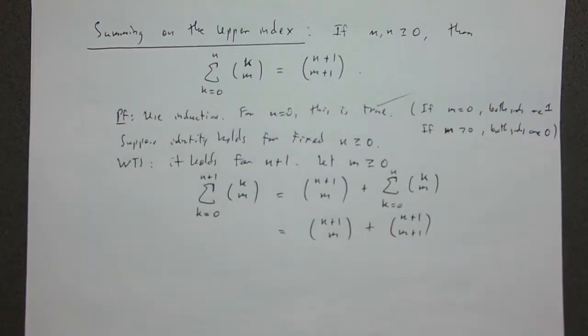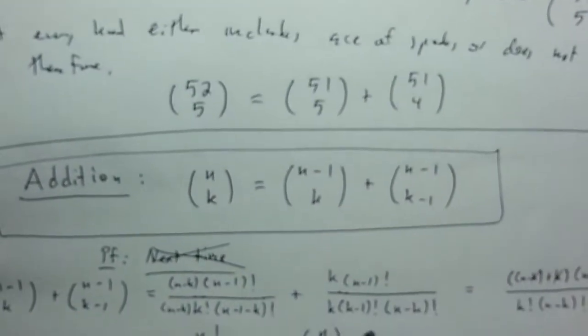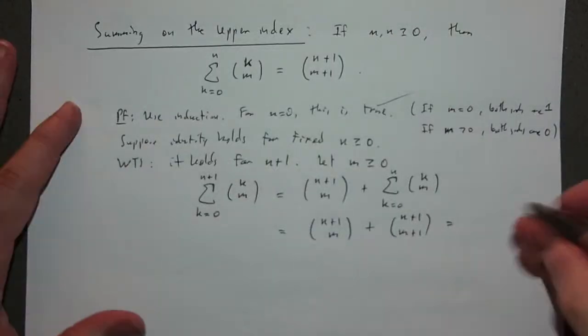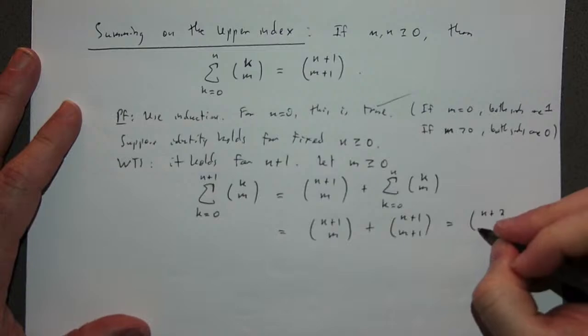But hey, by the addition property, let's remind ourselves, well, what is this? This is n plus 2 choose m plus 1.